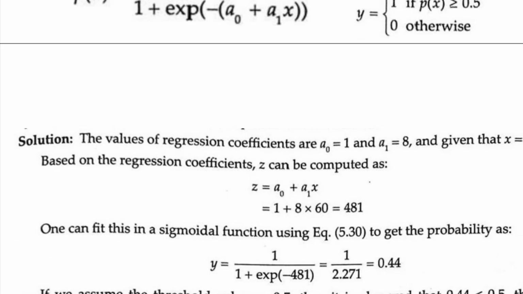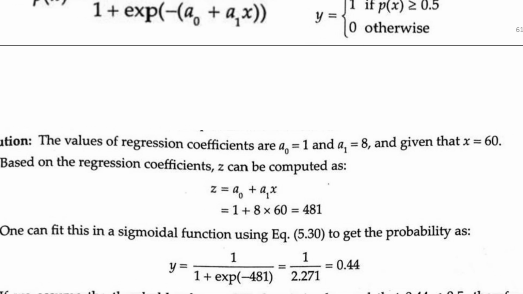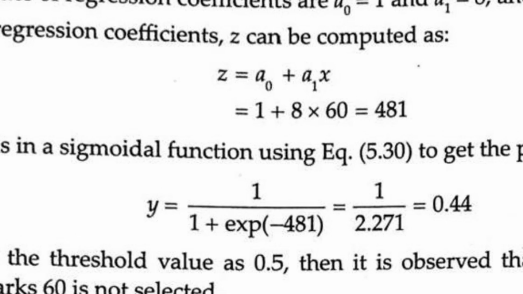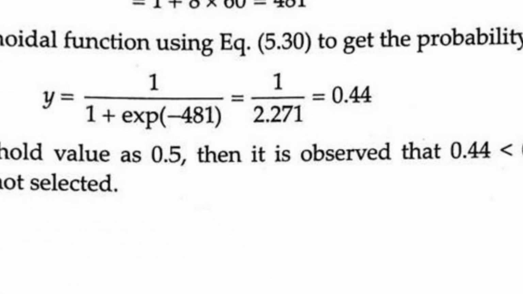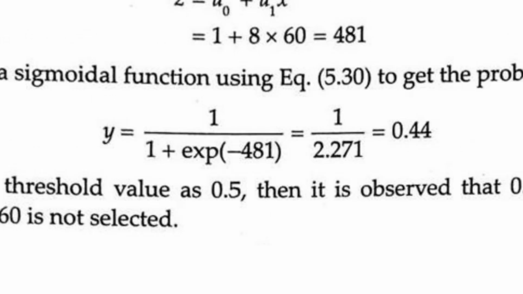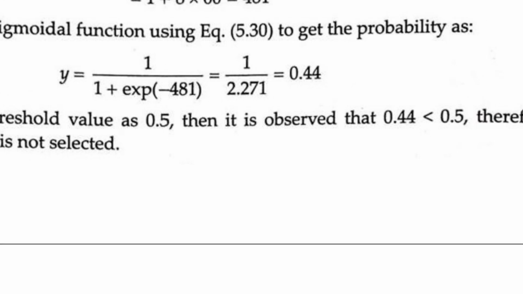There is a small problem given a0 and a1. a0 is 1, a1 is 8, and x is also given. So compute the z value. First compute z, a0 plus a1 into x, 1 plus 8 into 6, which is 49, compute it. Then y equals 1 over 1 plus exponential of minus z, as per the equation. 1 divided by 2.271 is 0.44.